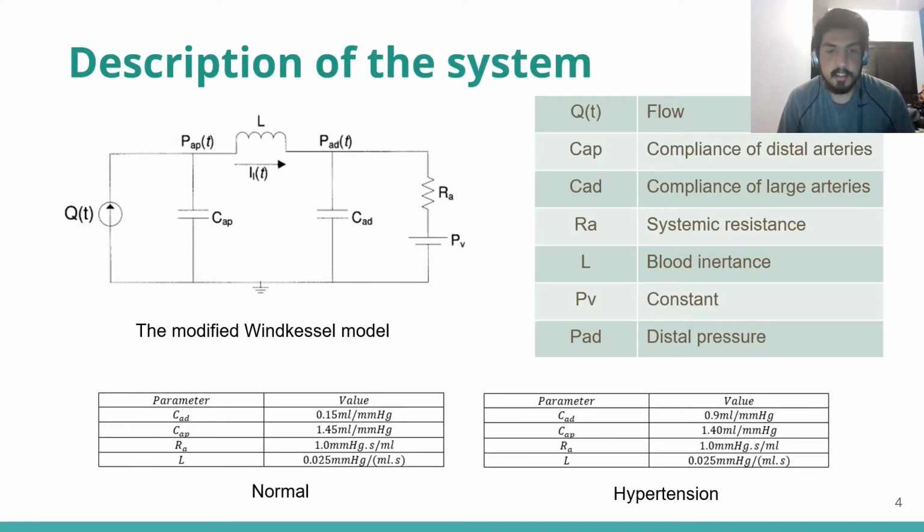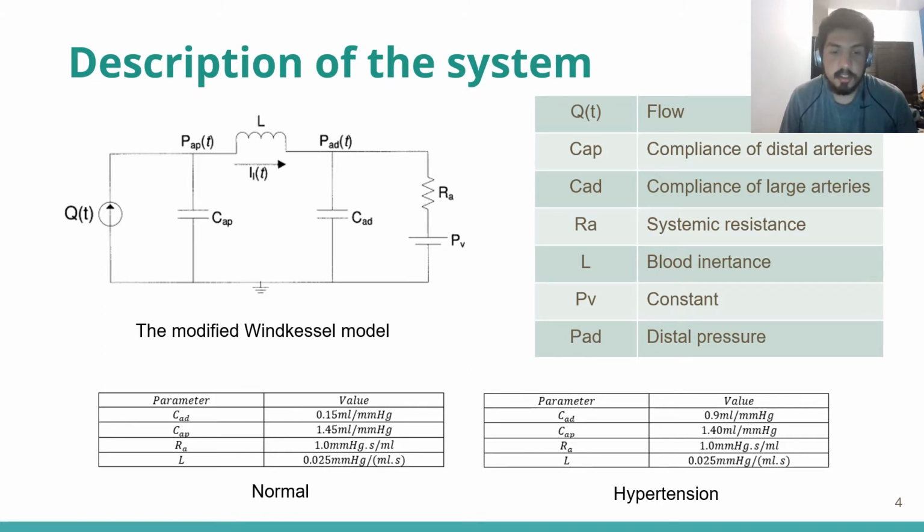For the description of the system, we're going to use the Windkessel model. The Windkessel model was developed by Otto Frank. This model represents the source that pumps blood into the arterial system.